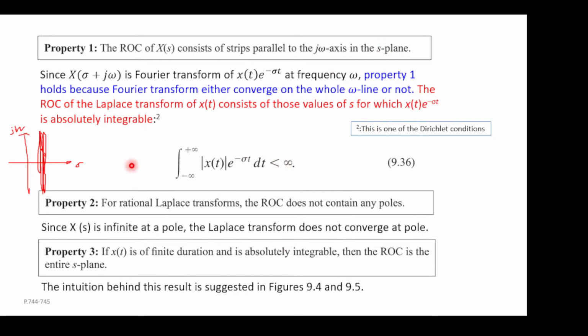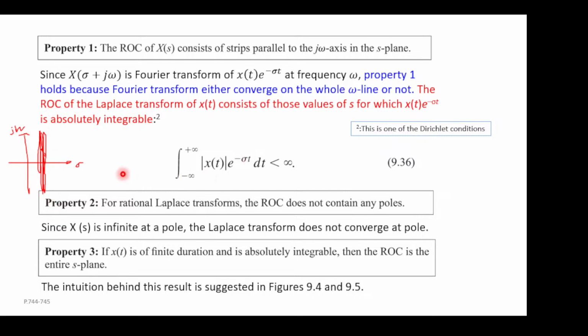If x of t satisfies this, then at a given sigma, that sigma is in your ROC.